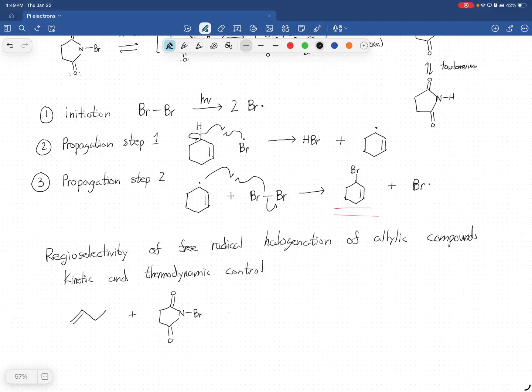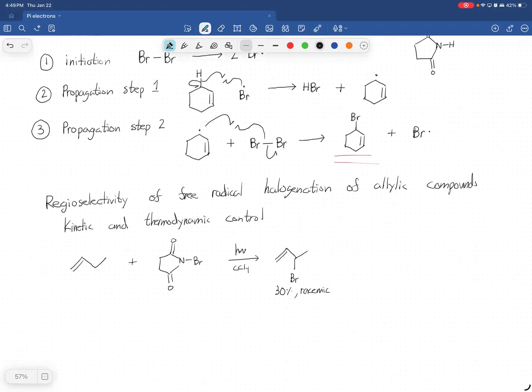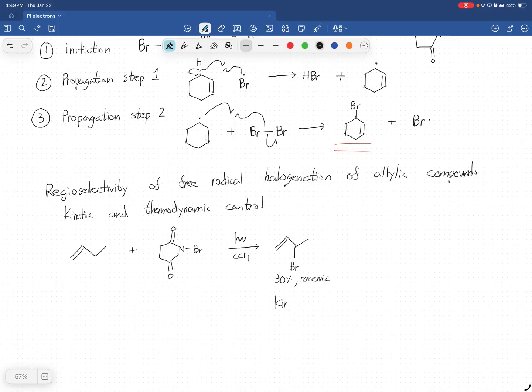You can just write NBS if you're doing allylic halogenation. Okay, so you get two products. One product is in 30% yield, racemic. This is considered the kinetic product.